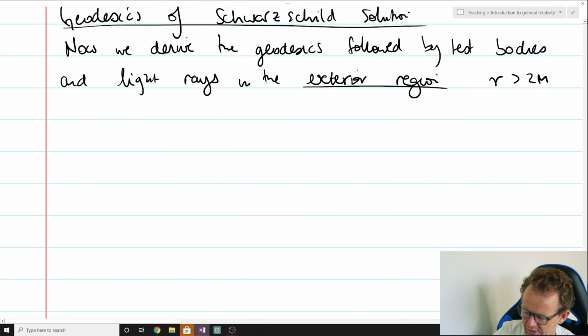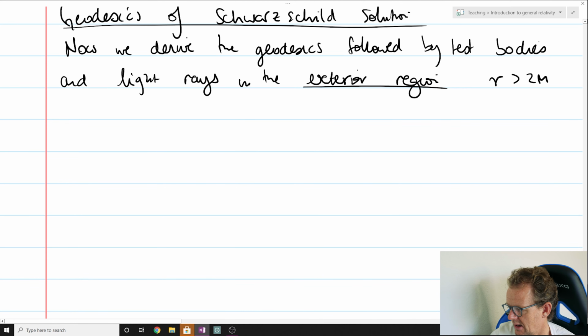Now, our life is made a lot easier by the fact that the Schwarzschild solution is, in fact, rotationally invariant. So if you think about a celestial body and then a test body moving past a spherically symmetric body, then you can already hope that no matter how the test body moves, you can exploit the symmetries of the solution to move the motion of the test body onto an equatorial plane.